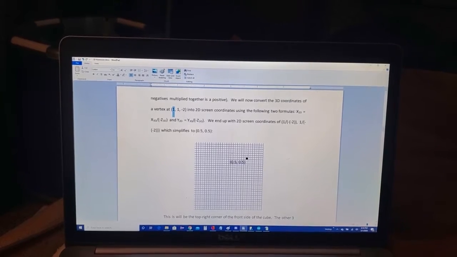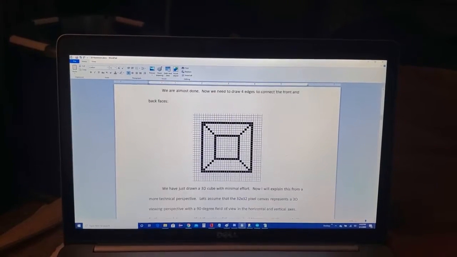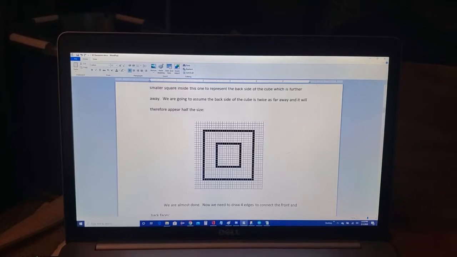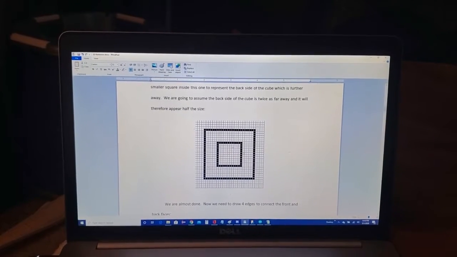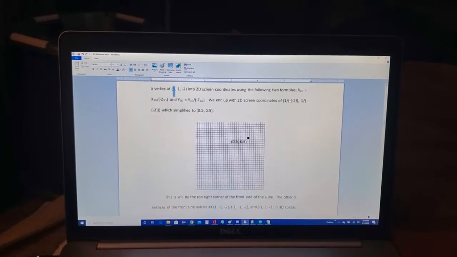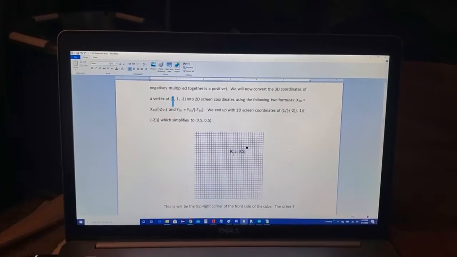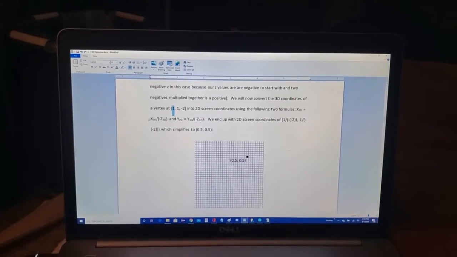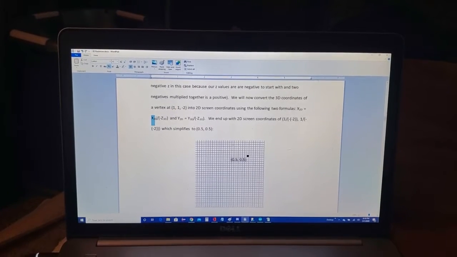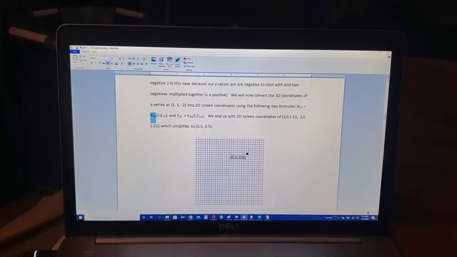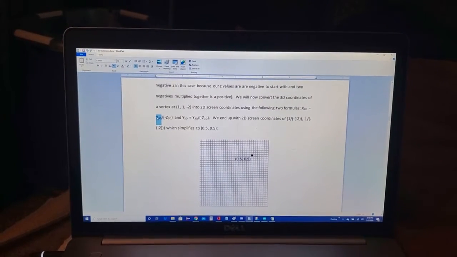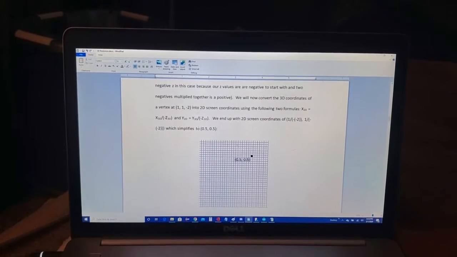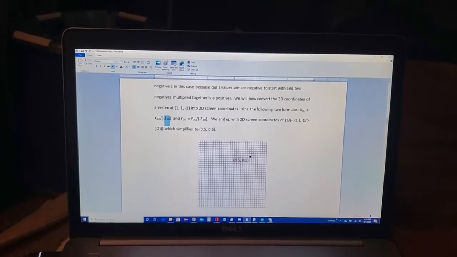So just like the previous image, where we draw an object that's twice as far away is half the size on the screen, we are simply dividing by the distance away, which is where we come up with this formula. The 2D coordinate is the 3D coordinate divided by the z depth.